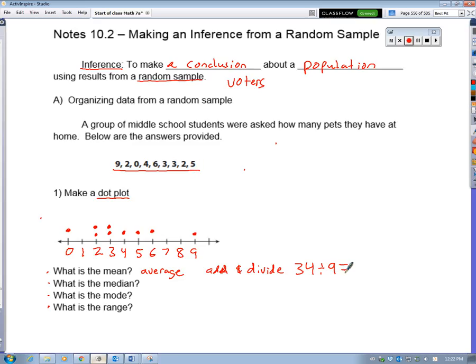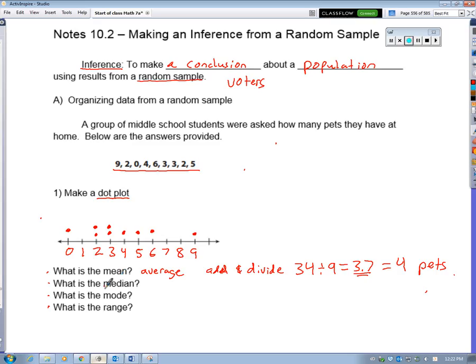So divide by 9, that's going to get me 3.7. But it's kind of hard to have 3.7 pets. I mean, that's kind of a weird number. I don't know who has 3.7 pets. So let's round that to 4 pets. Alright, so on average, the mean is 4 pets in each house.